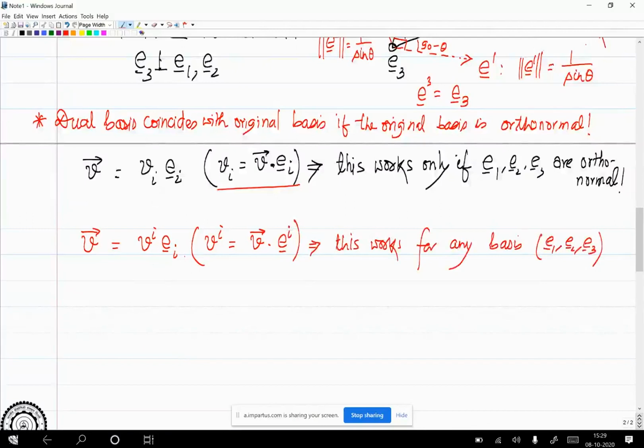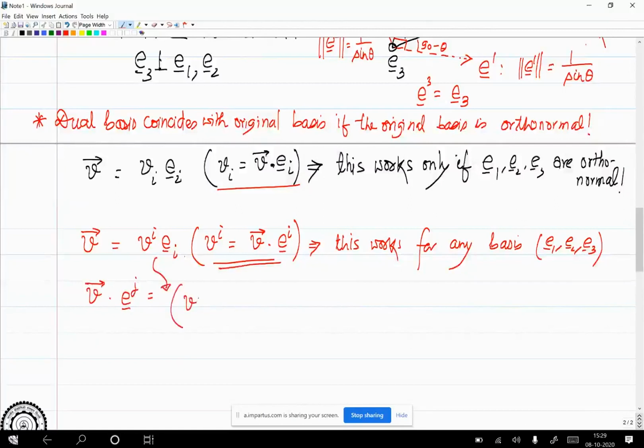For example, let's say when I dot this V with E super j, I have to get what? From this definition, I should get V super j, isn't it? Now see if I use this, am I getting it?